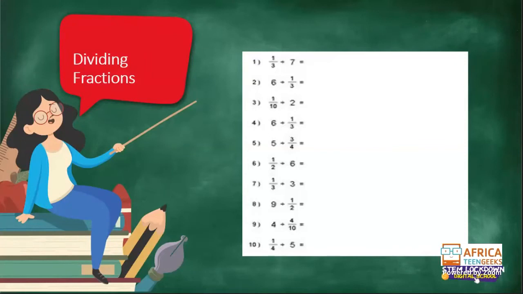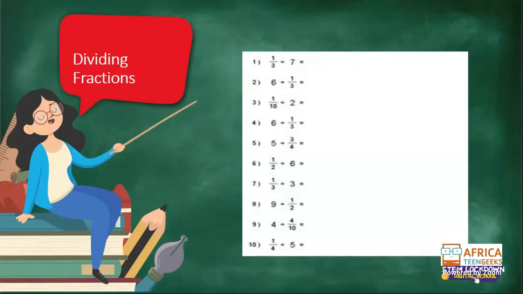Alright, so we have 1 over 10 multiplied by 1 over 2. So we'll have 1 over 20. That's the correct one. Okay, number 4.